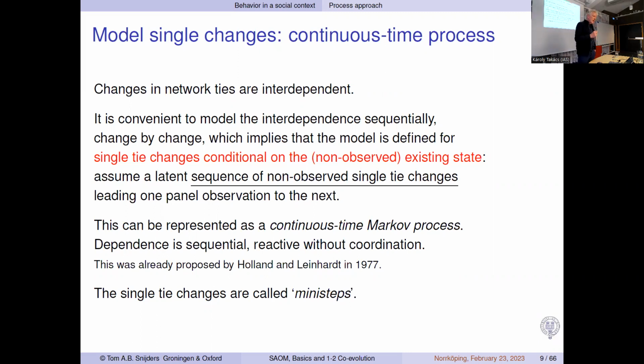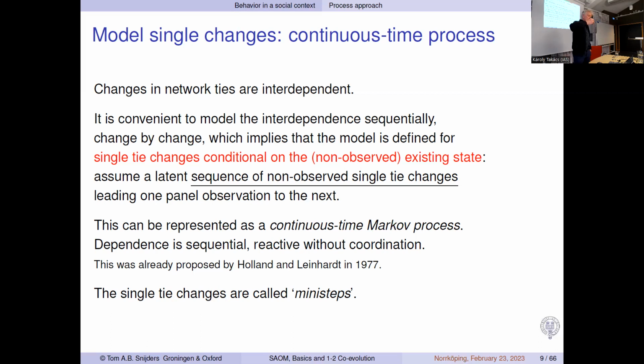So the stochastic actor-oriented model assumes that even though we've got discrete time observations, like only two, nevertheless, the probability model takes into account changes at random moments in between the observations.